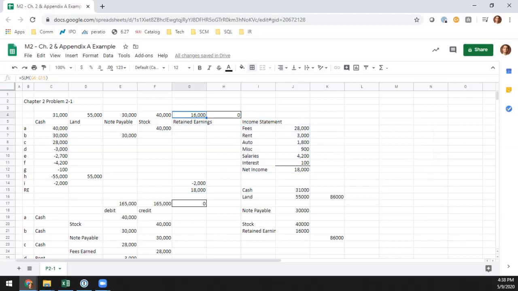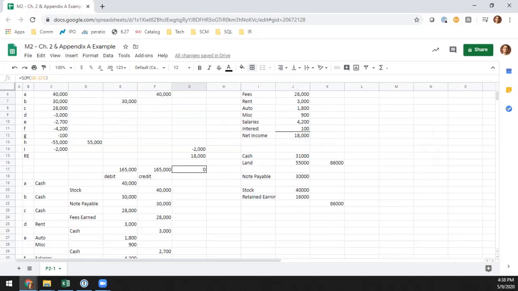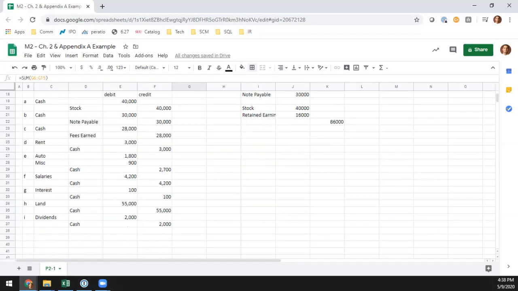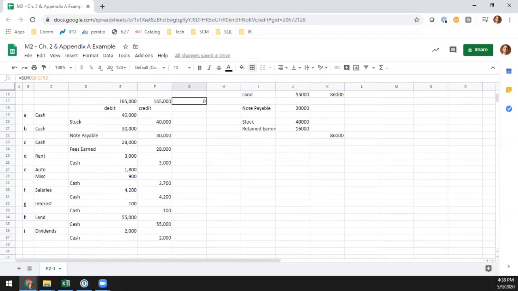So the integrated financial statement framework basically allows you to build your financial statements as you go. With our dual entry accounting, we still have to do that with this. So we'd have to go through this and say, okay, we have a debit to cash, a debit to cash, a debit to cash.